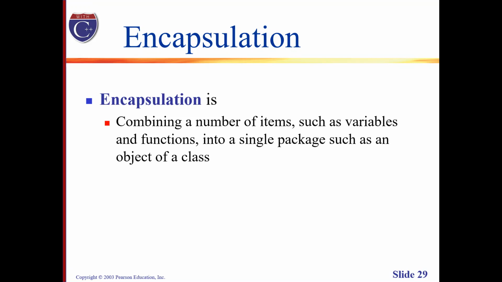That's what we saw a while ago. We combined member functions and a number of member variables and packaged them into a single entity, which we called a class. And whenever we declare instances of those classes, we refer to them as objects.